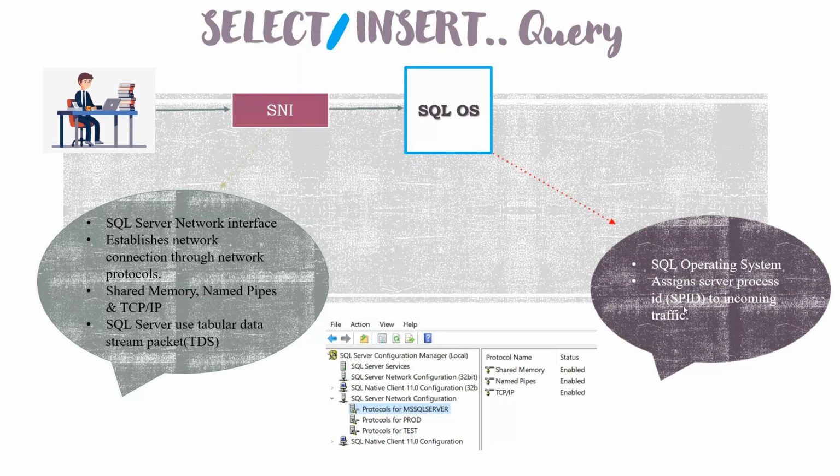Whatever you are seeing, that 75, 76, 74, 68, that is the SPID. SQL OS is getting that system process ID from the operating system. Now you got it, everyone?